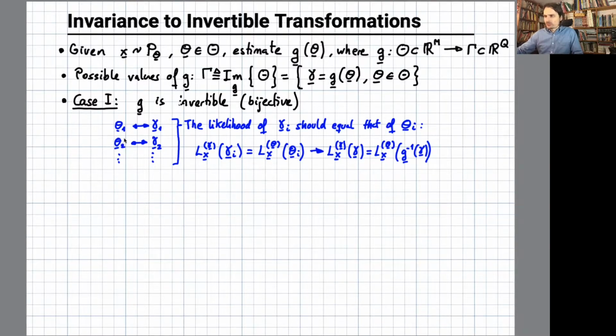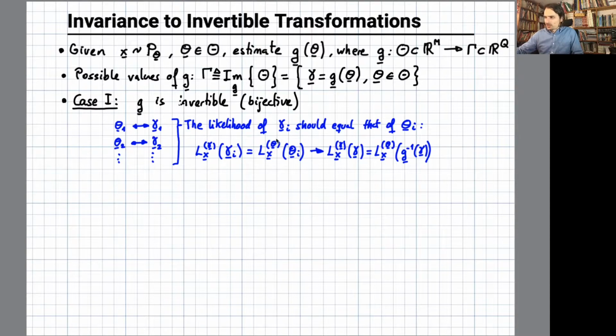So therefore it seems reasonable to set the likelihood of when gamma takes a specific value as the likelihood of theta taking the corresponding theta value. Okay. So this is the likelihood function that we have looked at until now, the log of the PDF, right?